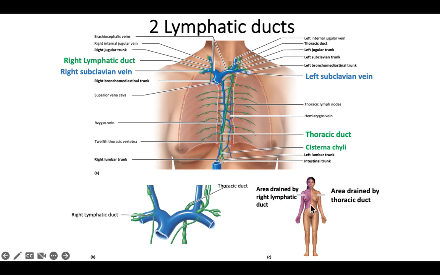Whereas only the right head and neck, right arm, and right chest drain into the right lymphatic duct. So this is a good drawing to show, depending on where the lymph comes from, what duct it uses to eventually drain into the subclavian veins. Okay, so that's lymph flow.